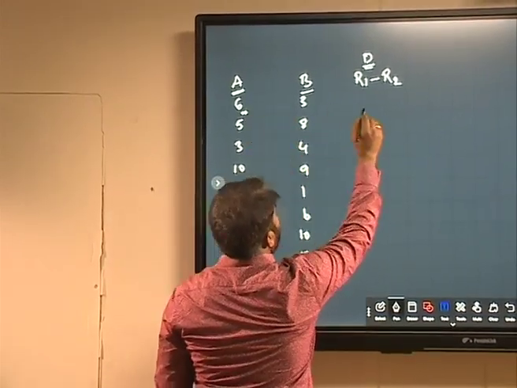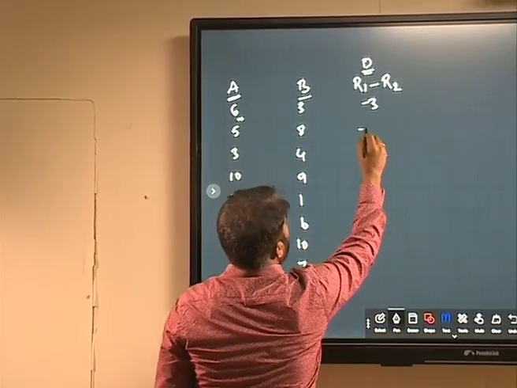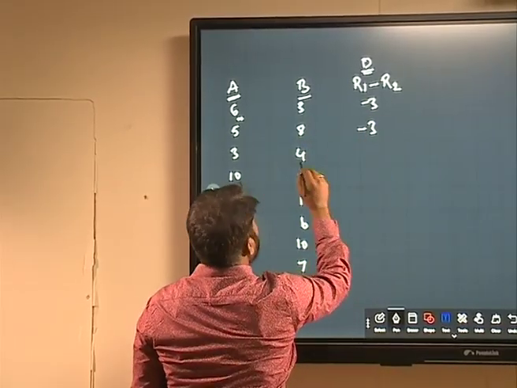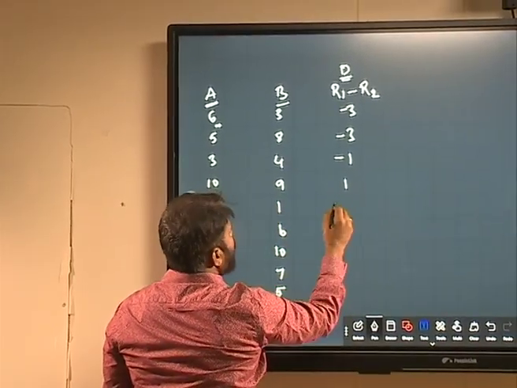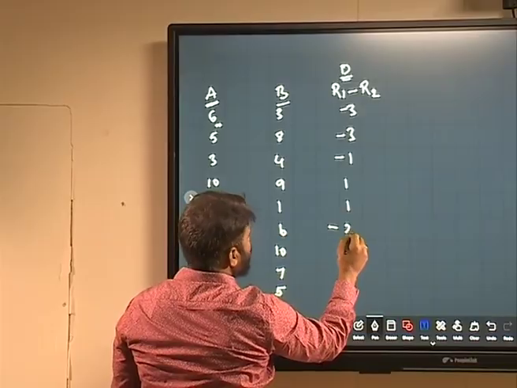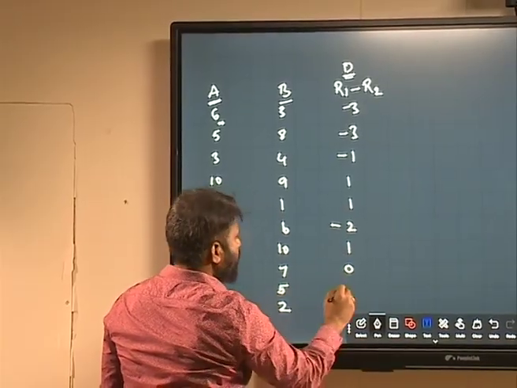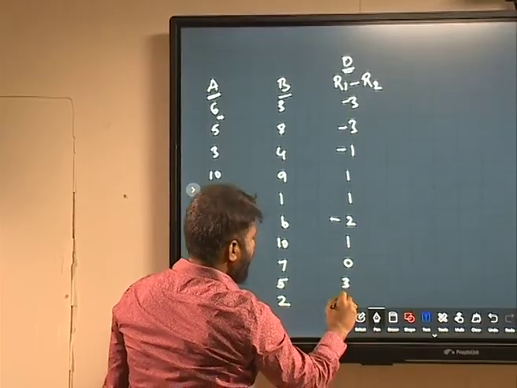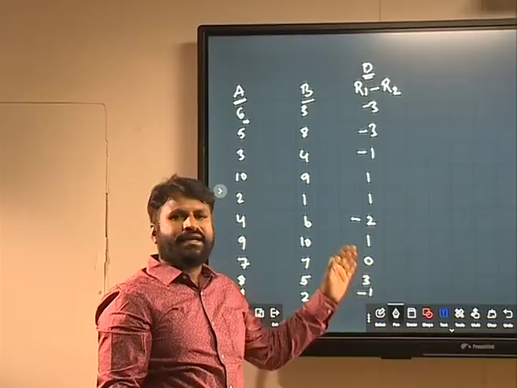So I take the ranks and calculate the difference: 6 minus 3, 5 minus 8 is minus 3, 3 minus 4 is minus 1, and so on, giving the differences of the ranks.